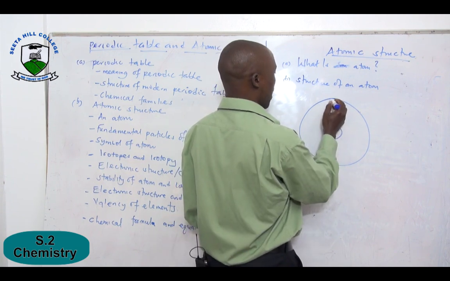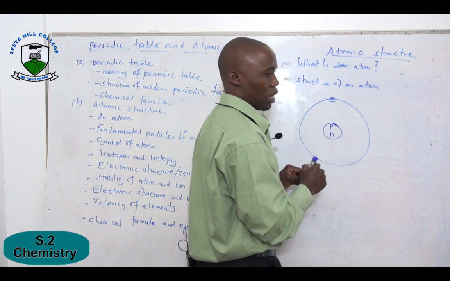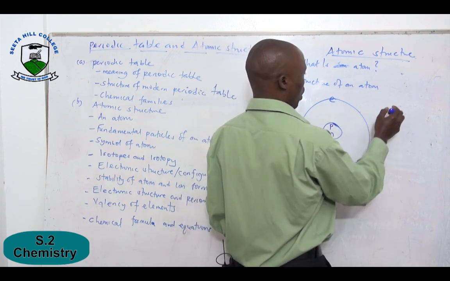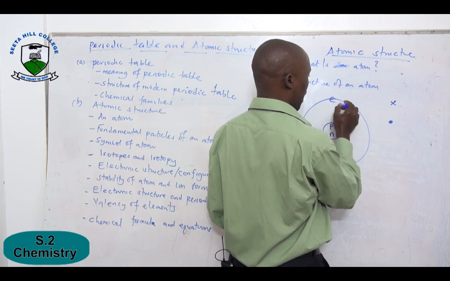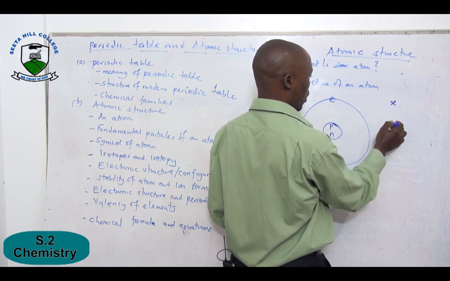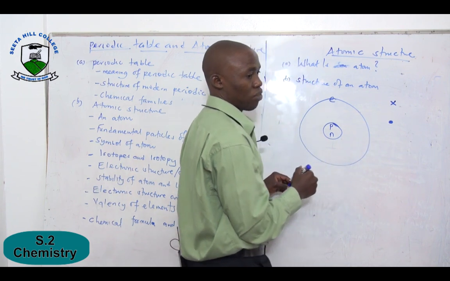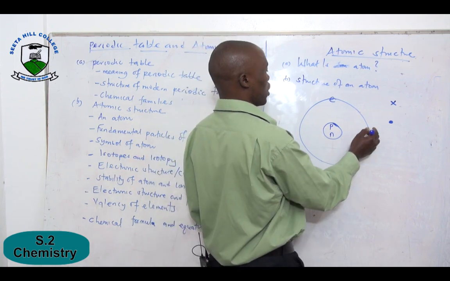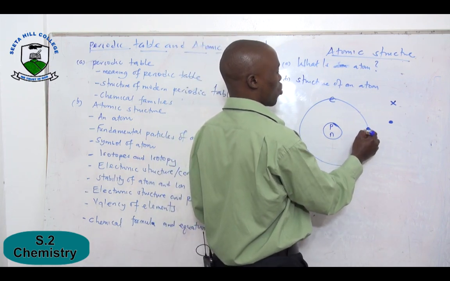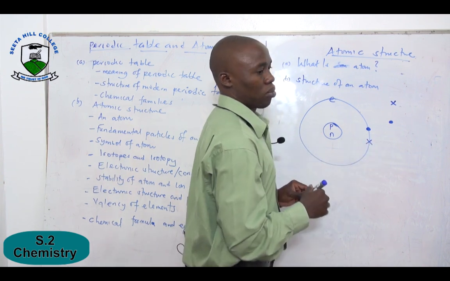Then outside here, it has what we call an electron, and in representation of electrons we can use arrows, or a cross or a dot. Don't worry, we are still speaking about the same thing. That's very, very right. That means we can either put this to mean electron, or we can put this. Clear?